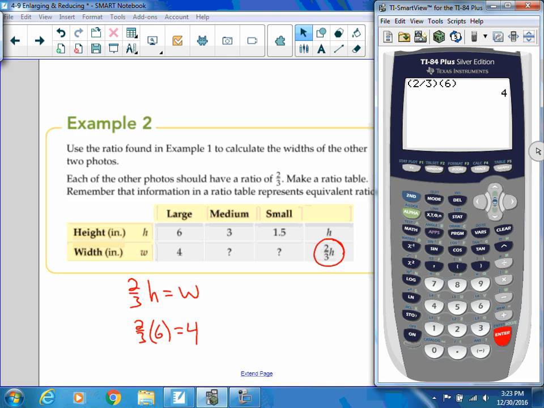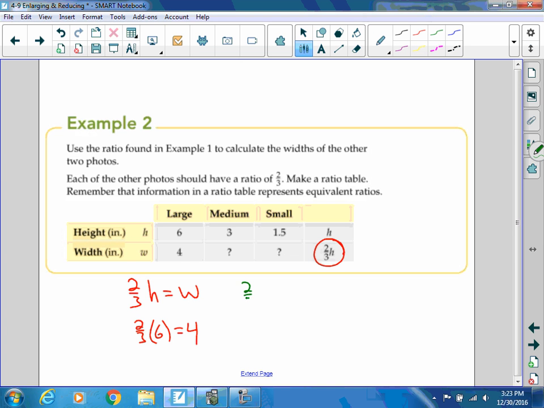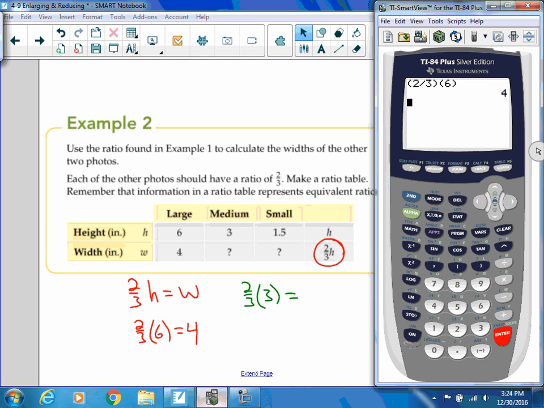Okay, I could do the same thing with the 3. So if I did 2/3 and I put the 3 in there, okay, we already know from doing this table already that the answer should be 2, but let's just go ahead and try it here. So again, parentheses 2/3 times 3, there's my 2.